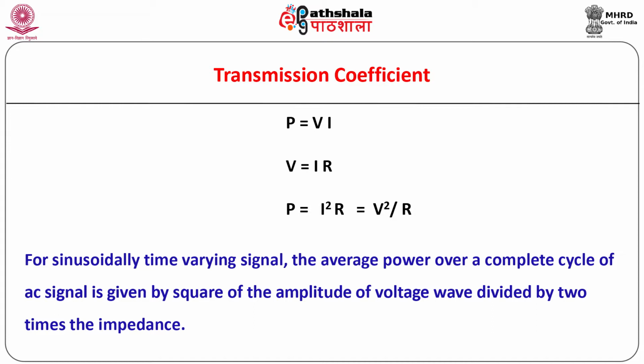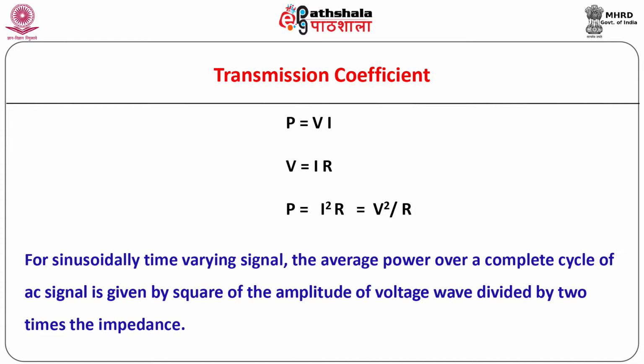Electrical power can be expressed in terms of voltage, current and impedance in various ways. For simple DC resistive circuits, we know that power P consumed by the resistor is given by the product of voltage V across the resistance and the current flowing through it. Thus, we have P is equal to V into I.